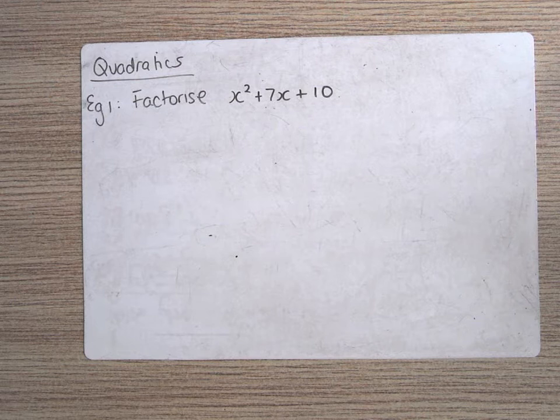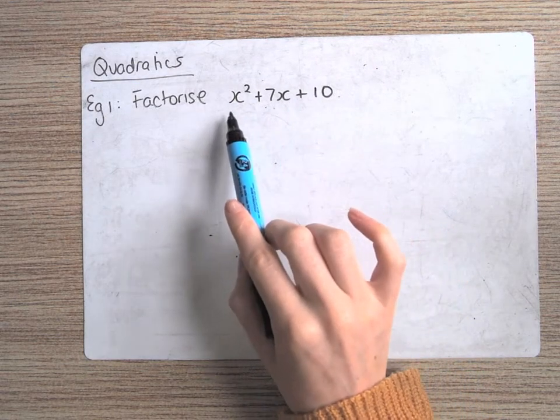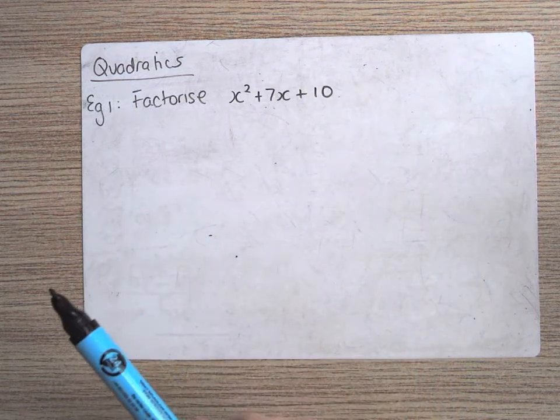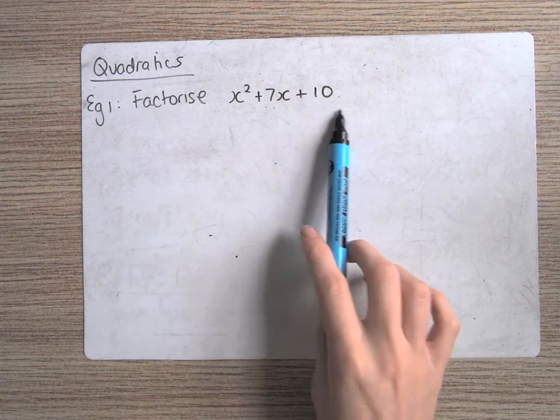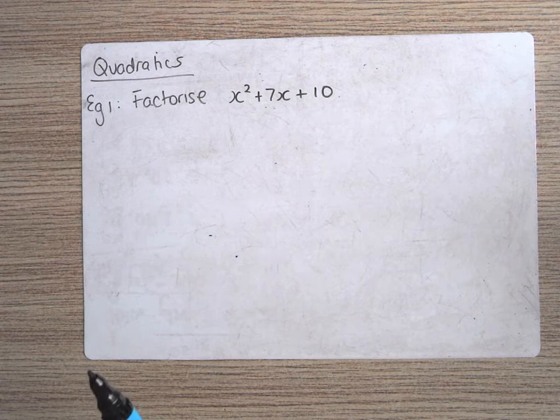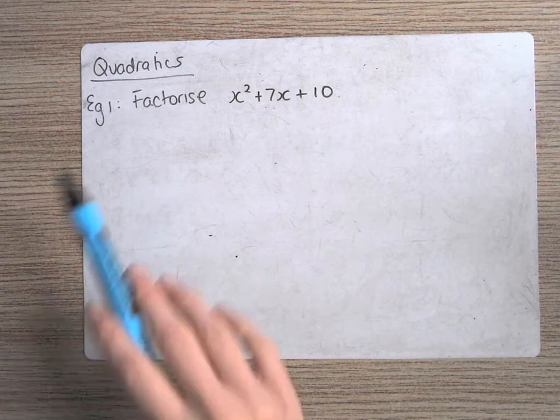If we were to try the other methods, highest common factor, is there anything common to all of those? No, so I can't do highest common factor. Grouping, are there 4 terms? No, so I can't do that. Difference of two squares, are there 2 square numbers and a minus in between? No. Alright, so it must be the third type. When you have 3 terms like this, it's quadratics.